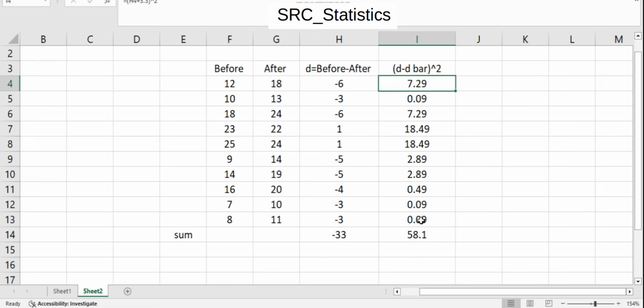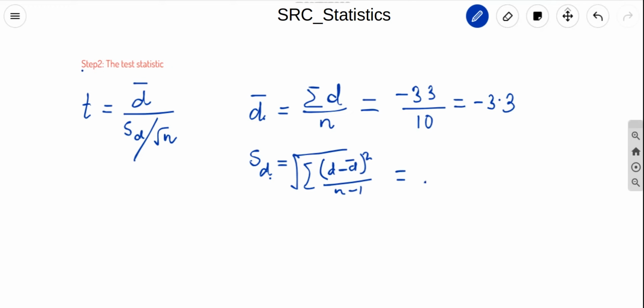Similarly, I calculate the other rows and then find the summation of d minus d bar whole squared, that is 58.1. Now I put this summation here, 58.1 divided by n minus 1 under square root, which comes out to be 2.5408.